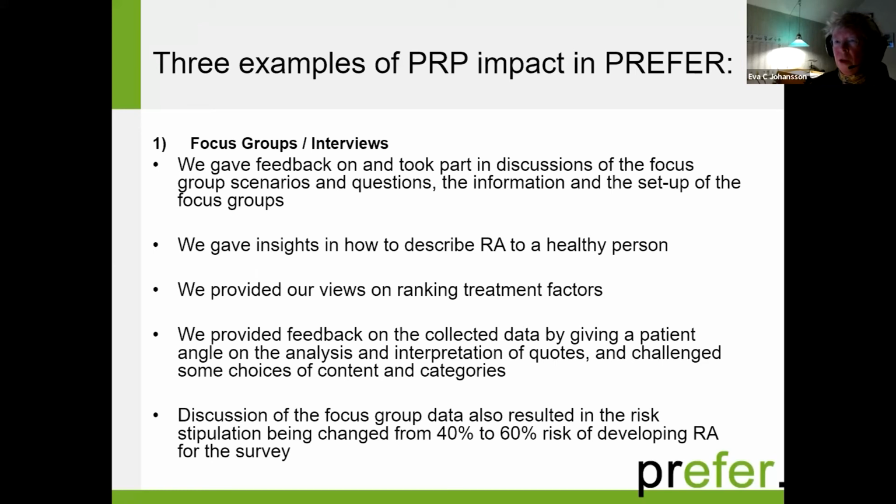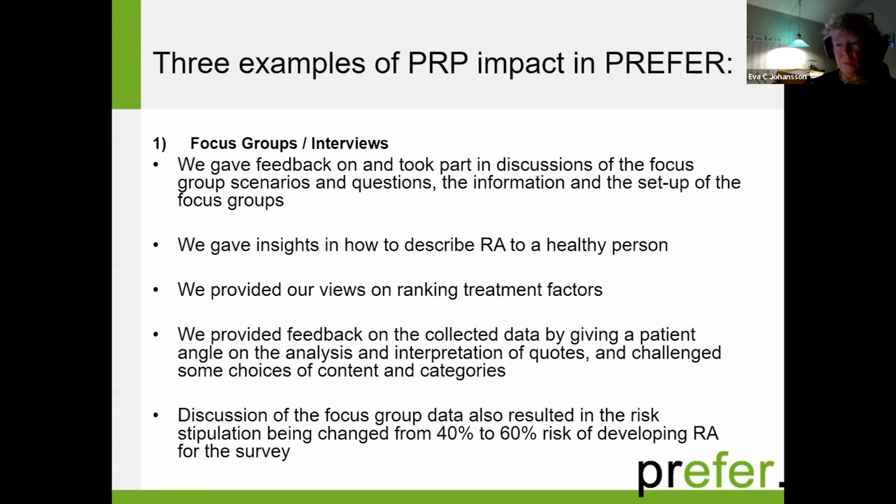So these are 3 examples from Gwenda's list. In the focus groups and interviews, we gave feedback on and took part in discussions of the focus group scenarios and questions, the information and the setup of the focus groups. We gave insights in how to describe RA to a healthy person. We provided our views on ranking treatment factors.